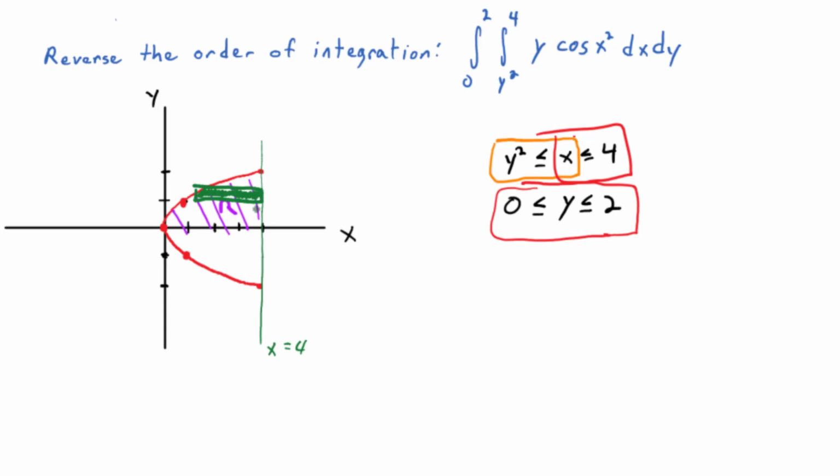So for the left-hand end of that horizontal representative rectangle, that would have been x equals y squared, and then the right end would be the constant x equals 4. We're kind of working backwards; that's if you're setting it up in dx dy order, right? But of course we want to reverse that, and now we're prepared to do just that.